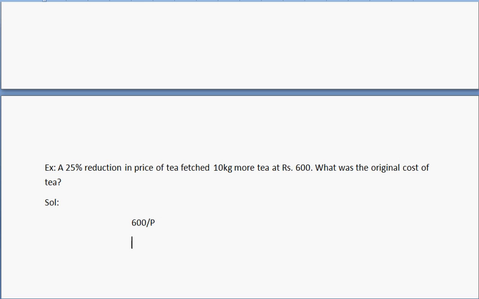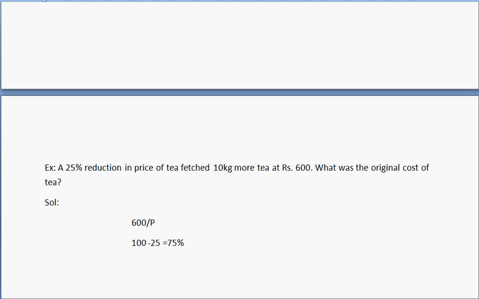Now the new price of tea is what? It has reduced by 25%, which means it becomes what? If the initial price was 100, now 25 has been reduced, it becomes 75 or 75%, right?